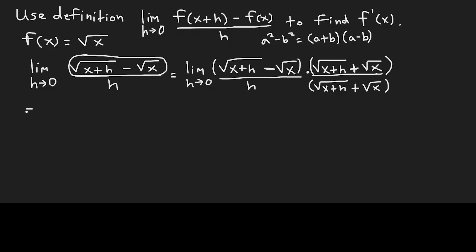So let's see what happens when we do that, just using the FOIL method: first, then outside, inside, and last. Square root of x plus h times square root of x plus h is going to give us, well, we have to write the limit as h approaches 0 first, so that's x plus h.